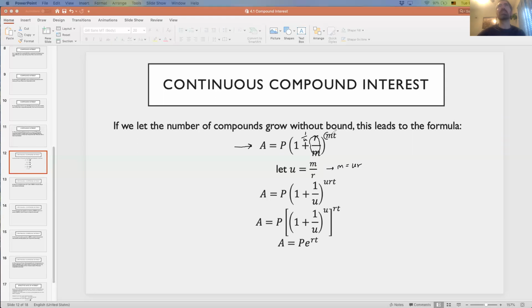So we could replace this M with UR, and it gives us this next line: A equals P times (1 plus 1 over U) raised to the UR times T.